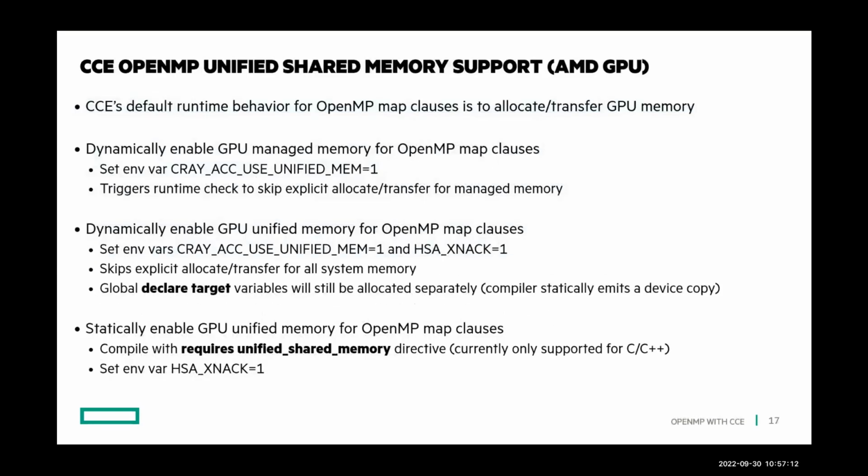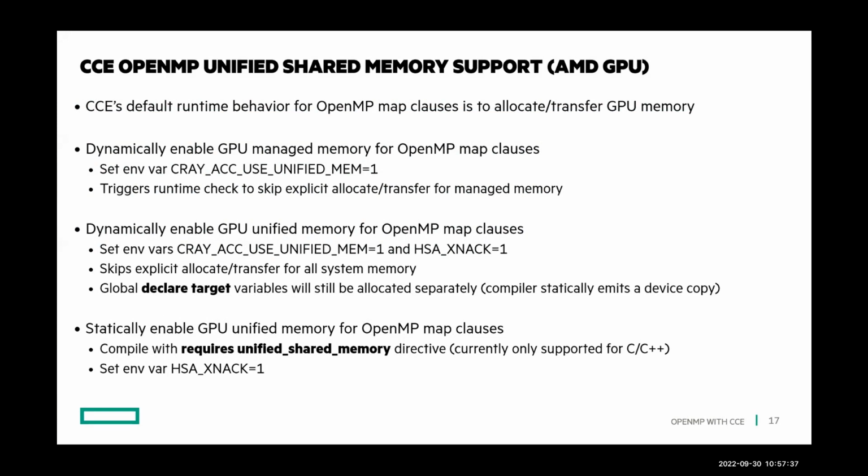A little bit more information on the unified shared memory support, specifically for AMD GPUs. So again, as I mentioned, we have the Cray ACC use unified memory option, which can be used for enabling the managed memory for map clauses. And if you have that set, it'll skip the explicit allocate and transfers.